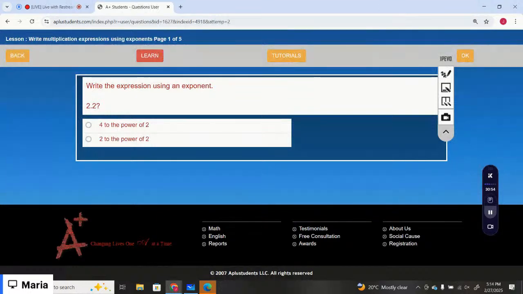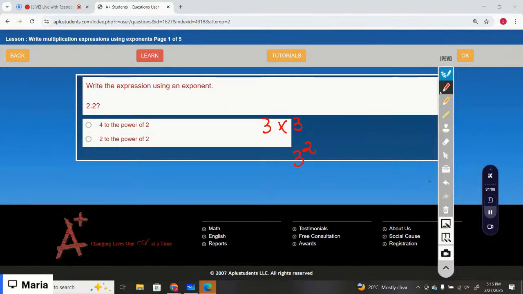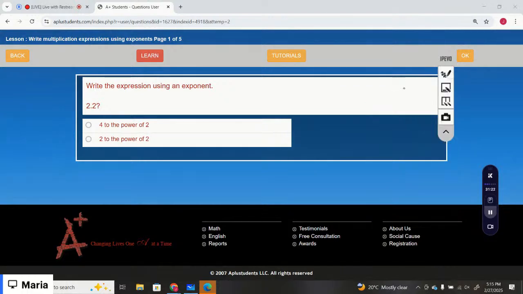Write the expression using an exponent. 2 times 2. You can write it as 2 square. Option number 2 is the correct option. That is 2 to the power of 2.